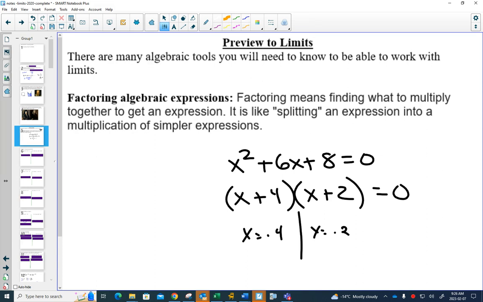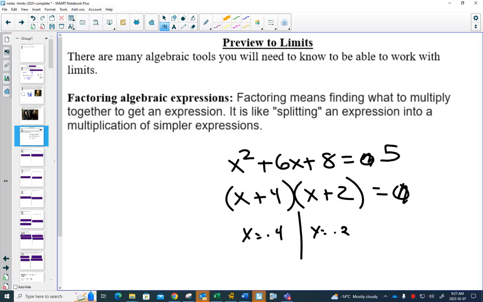Sometimes you get so good at factoring that you just do it, and you forget to take a step back and say, why do we do this? And where does it come from? It makes so much sense, because the only way you can multiply to get 0 is if one of them is 0. That's why in quadratic equations, you can never factor and keep this side equal to 5.